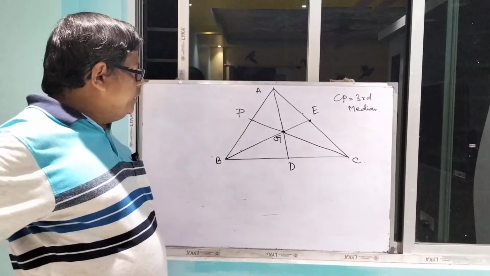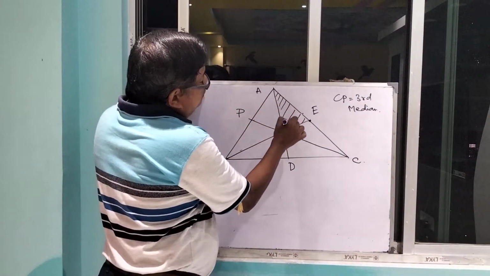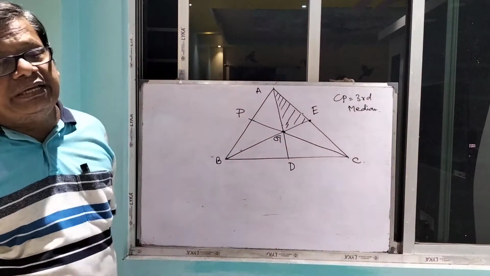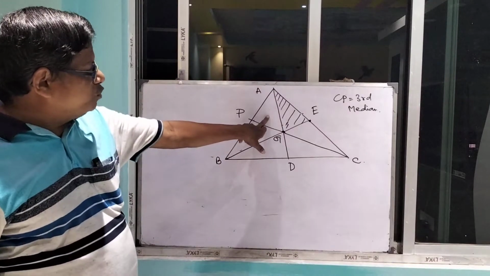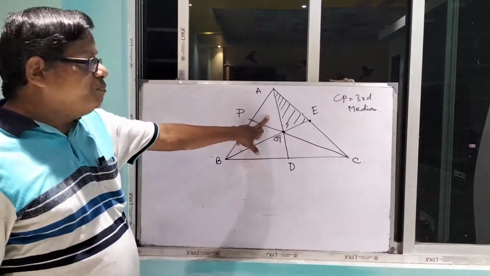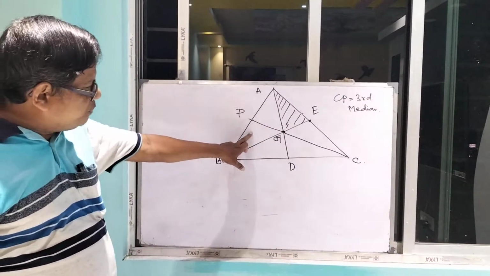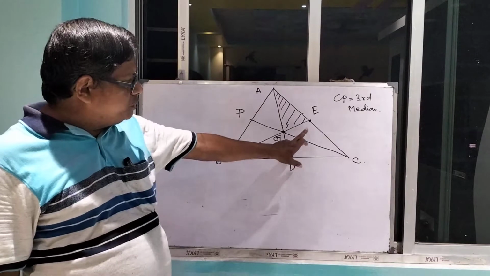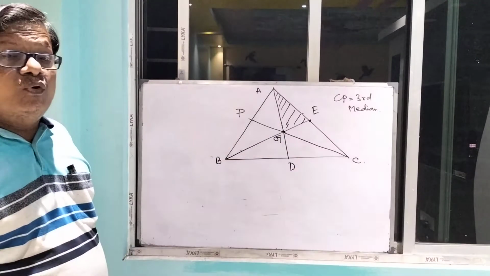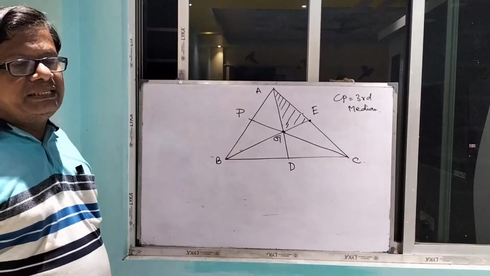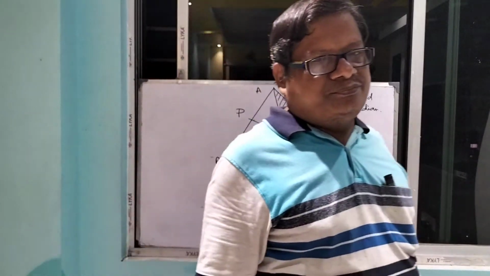So look here, according to theory, this part is 1/6 of the whole triangle. Similarly this part also is 1/6 of the whole. Again, if we consider this part or this one or this one, all parts are 1/6 of the whole. A simple question. With the help of similarity also we can do it, no problem.